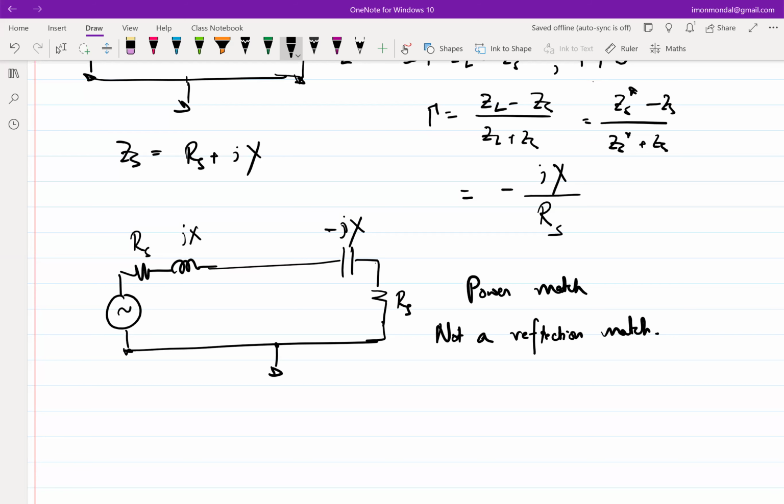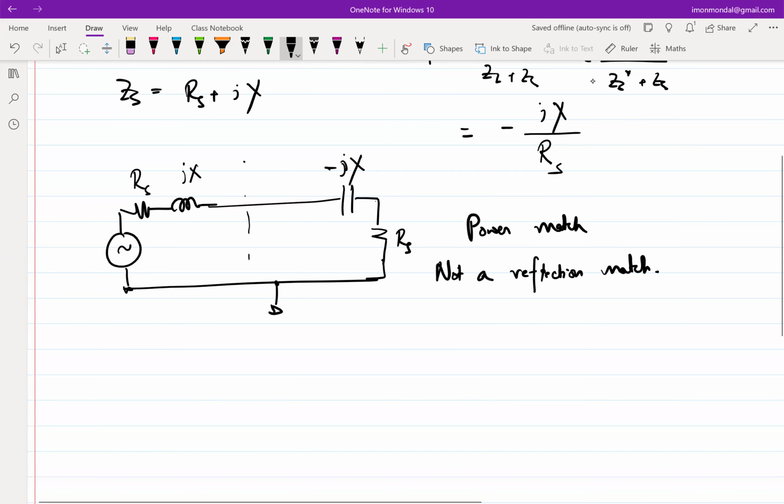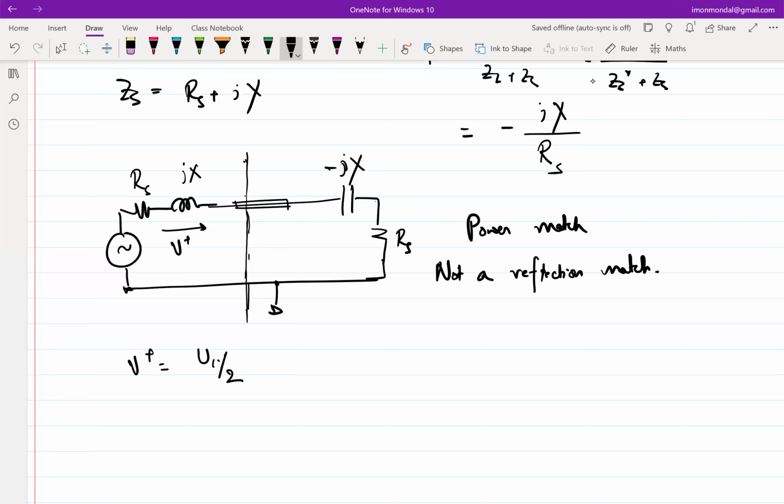Okay. So you can do the same analysis here also. Let's say I assume this is the plane where I am trying to find the reflection coefficient. Clearly in this case, your reflection coefficient gamma is minus jX over Rs. And then your forward going wave, V plus, as usual, will be Vi by 2, right? Because while doing a forward going wave, we are assuming that there is a transmission line which has the same characteristic impedance as that of the source, and when the forward going wave moves through, it doesn't know whether it is terminated or not terminated with its characteristic impedance.